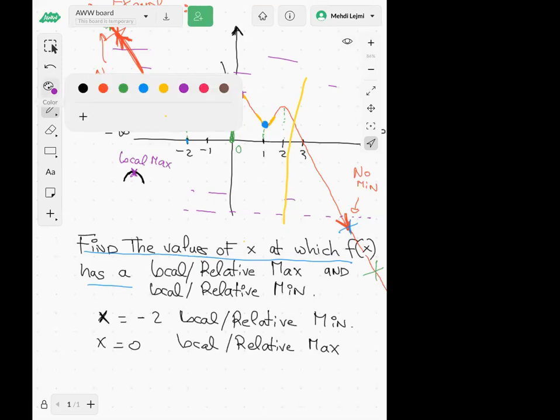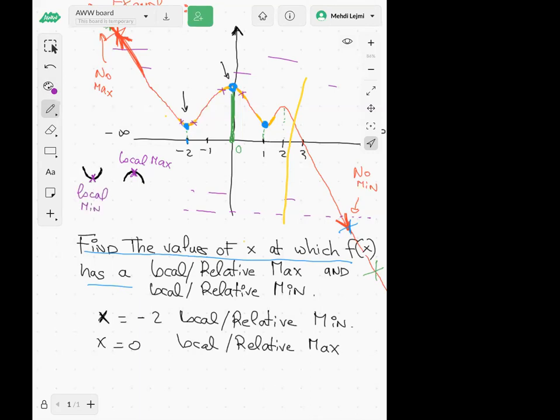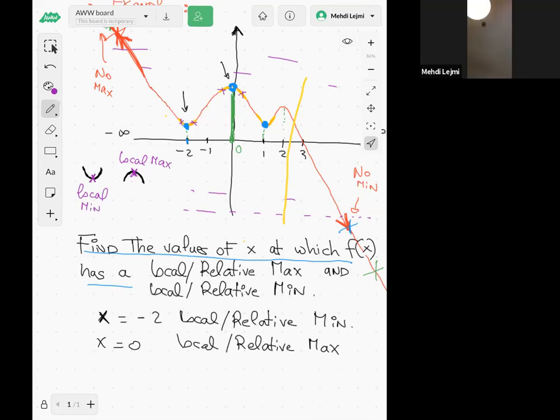Right. Or the other way, if you reverse this, then the bottom point here, you see this point, that will be a local minimum. So that's the idea. Yeah, like a roller coaster.